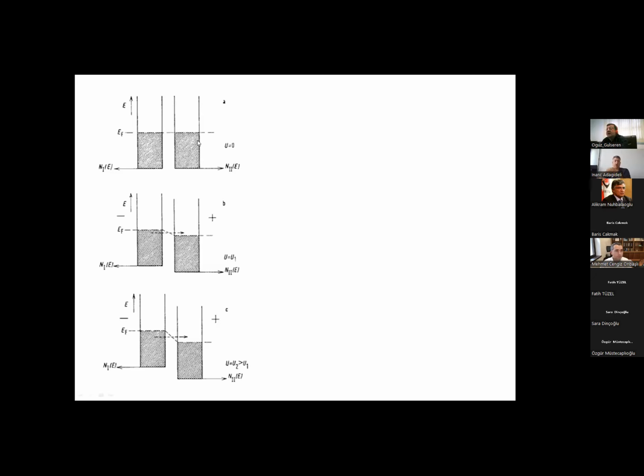Under zero bias, the Fermi levels are aligned, you have nothing, zero current. But when you apply the bias, then these occupied states from one side can tunnel through this barrier region to the other side, to the empty states.